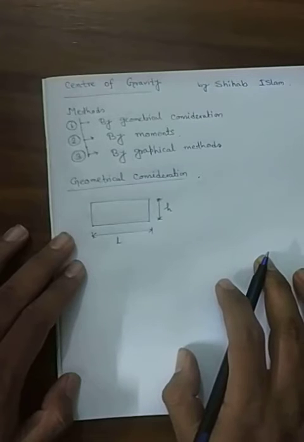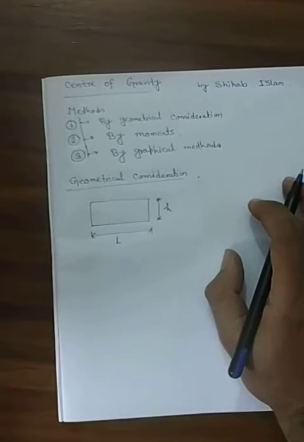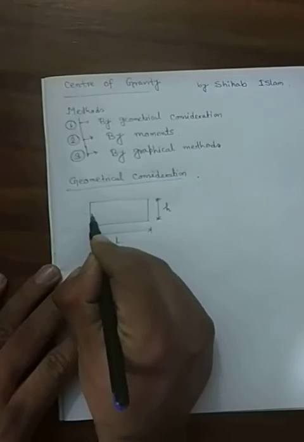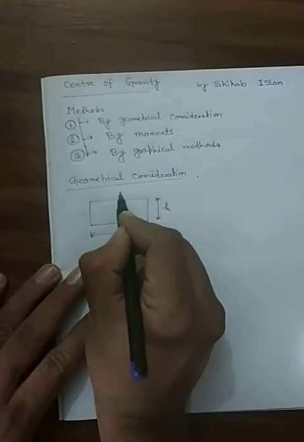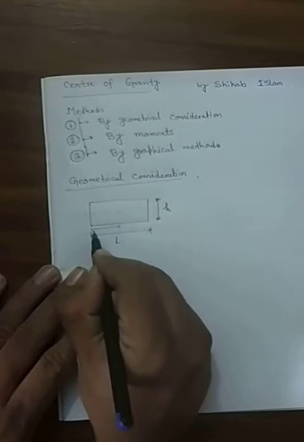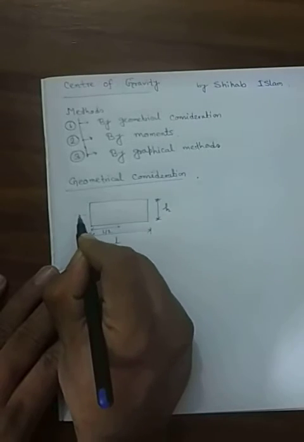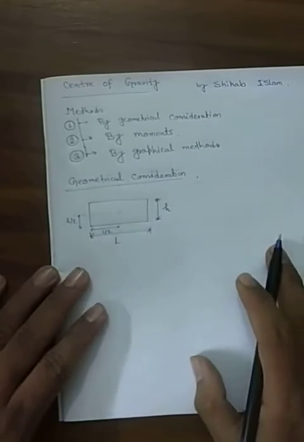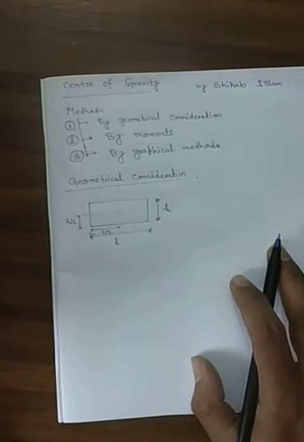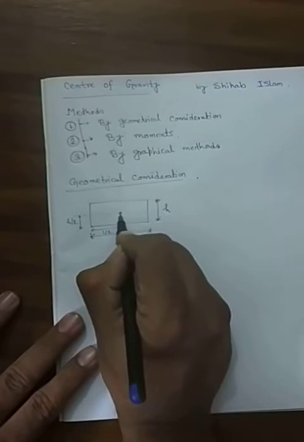So the center of gravity, first of all just remember the center of gravity of a uniform rod is at its middle point. So this one is L by 2 and this one is H by 2. So the center of gravity of a rectangle lies at this point.